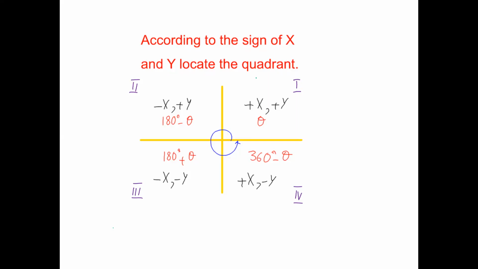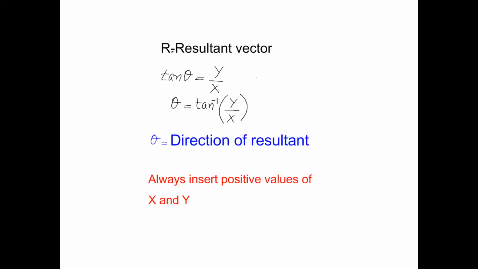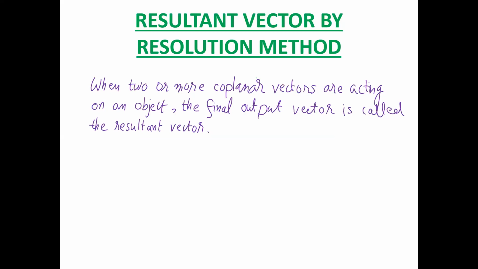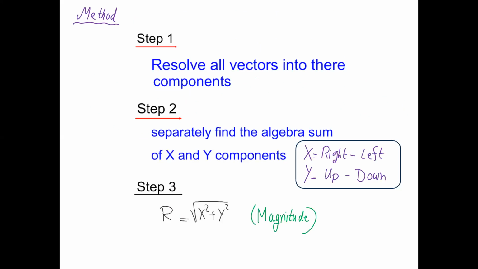This is something which is our O-level maths, but let's quickly recall from the title we are starting today, resultant vector by resolution method. Now, step 1 is resolve all vectors into their components. Separately find the algebraic sum of X and Y components.